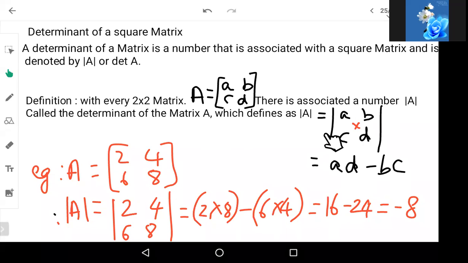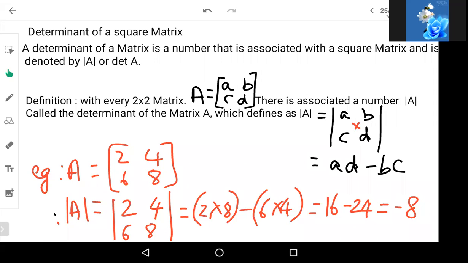When it is a 2 into 2 matrix, you directly cross multiply. You start with the left side top corner, so A into D minus B into C, or C into B. Start from the top corner, A into D.